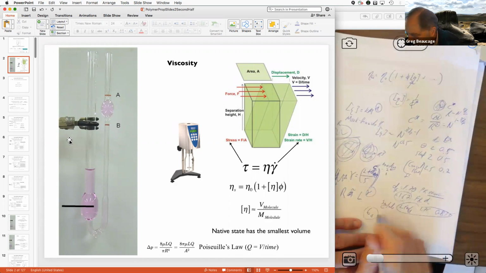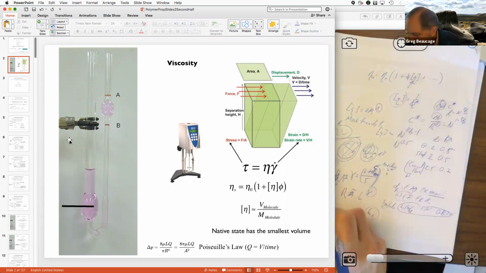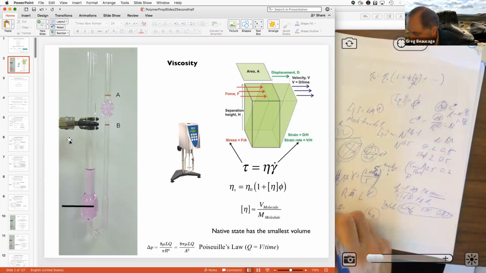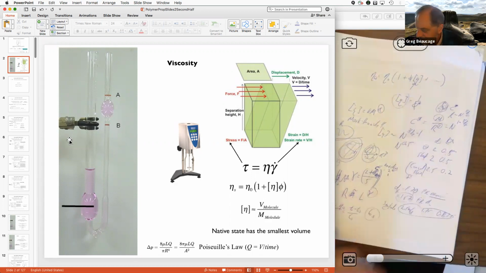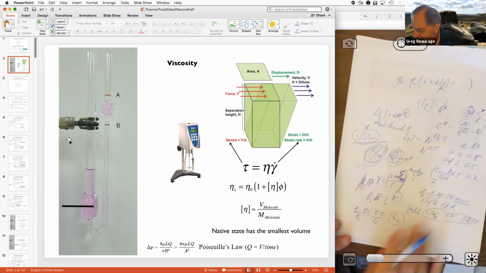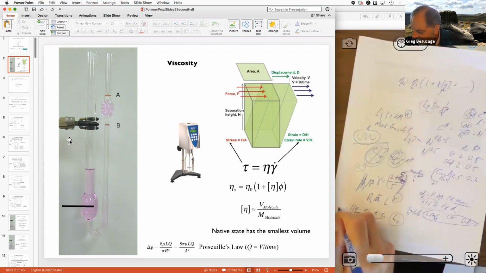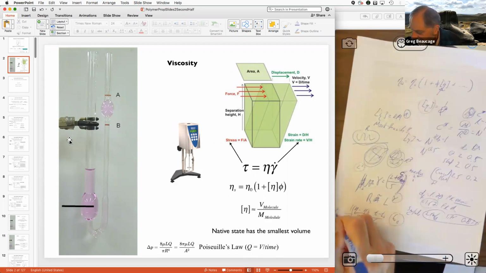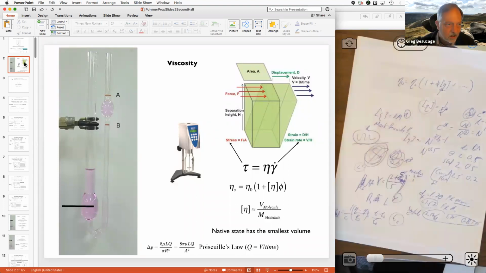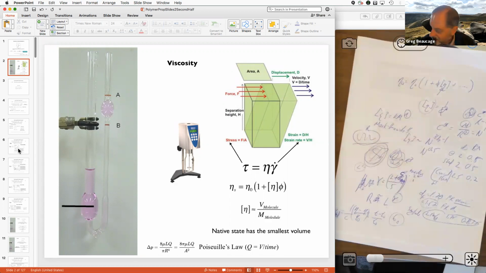You need good numbers for the concentration, but otherwise the time is relative. It's all relative. So you're just going to say that the viscosity minus the solvent over the solvent is going to be the time of your run minus the solvent time over the solvent time. That's Poiseuille's law. Then that divided by the concentration gives you the reduced viscosity, and then you plot the reduced viscosity versus concentration and get the intrinsic viscosity from the intercept.